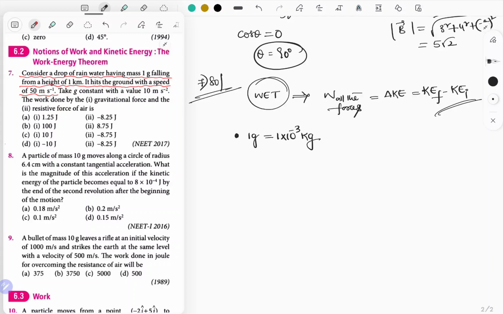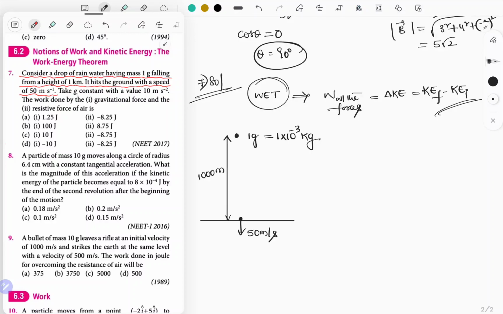This is the way to convert grams into kg. It is falling from a height of 1 kilometer, which is replaced here with 1000 meter. When it hits the ground, with how much velocity is it hitting? It is hitting the ground with a velocity of 50 meter per second.